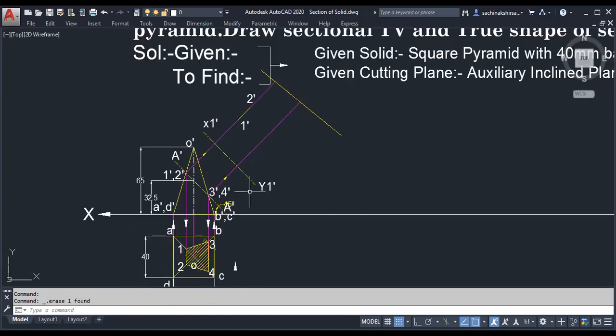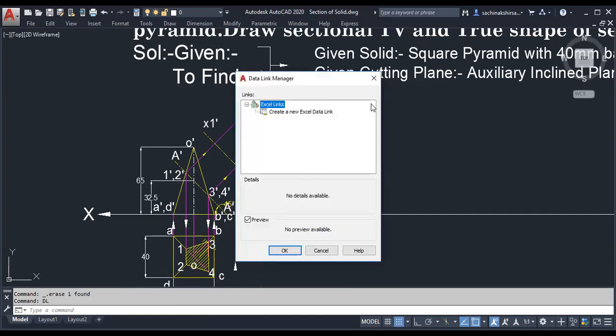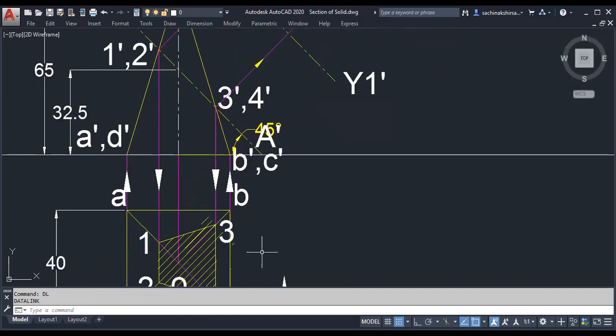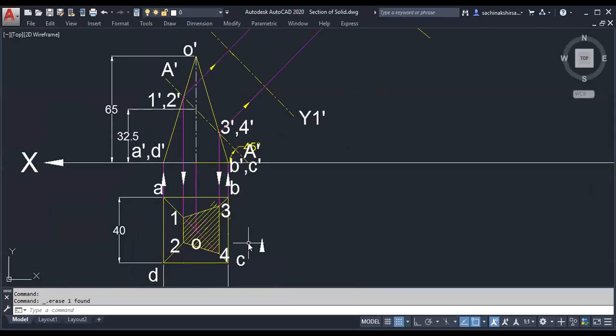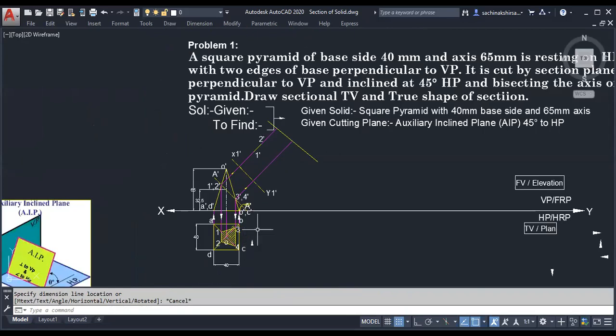Similarly, I have to locate this 3 dash. So I will measure one stroke. This is one and 2756.